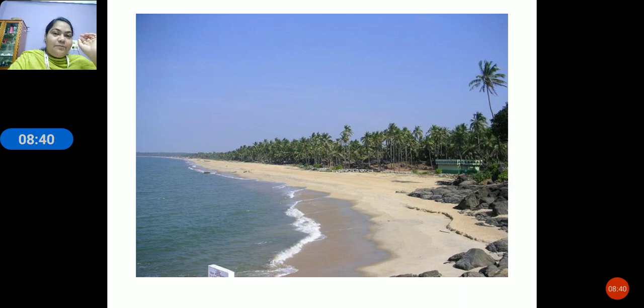The most important thing people do is fishing, because fish are available in the seas or ocean. The places connected with it are Chennai, Tamil Nadu, Puri, Orissa, Mumbai, Maharashtra, Panaji and Goa. In this area you will find all the beaches, because it is next to the sea or the ocean.